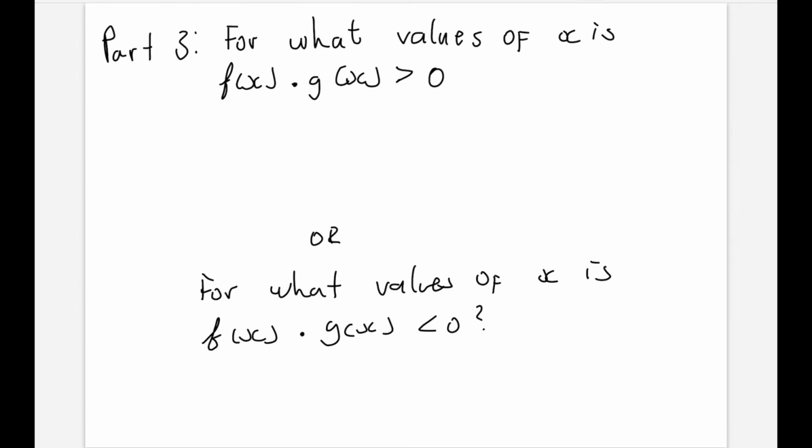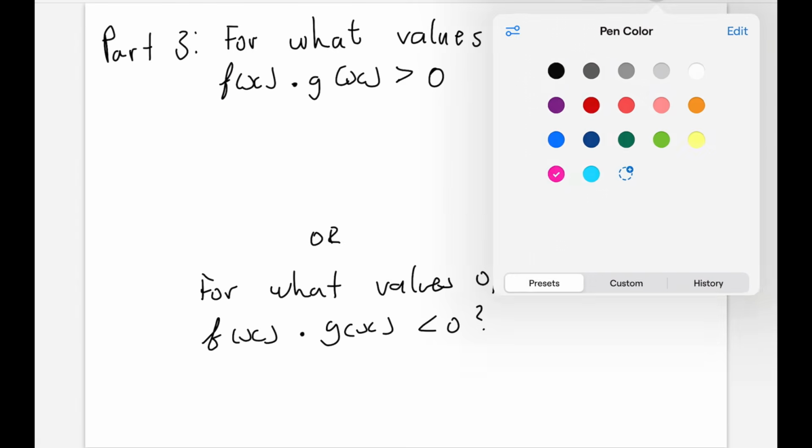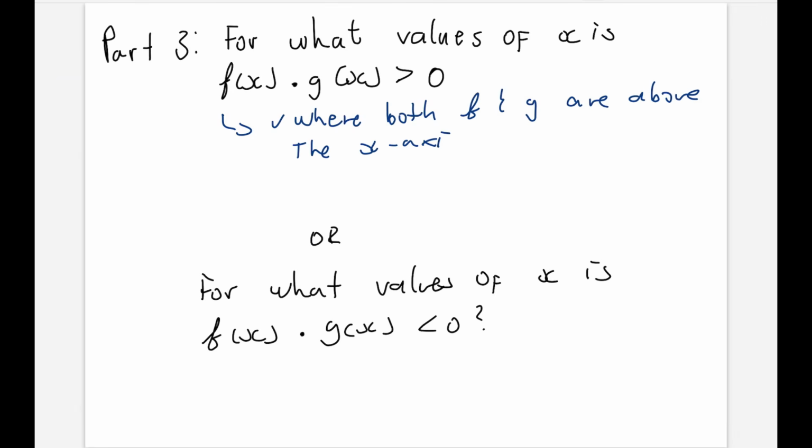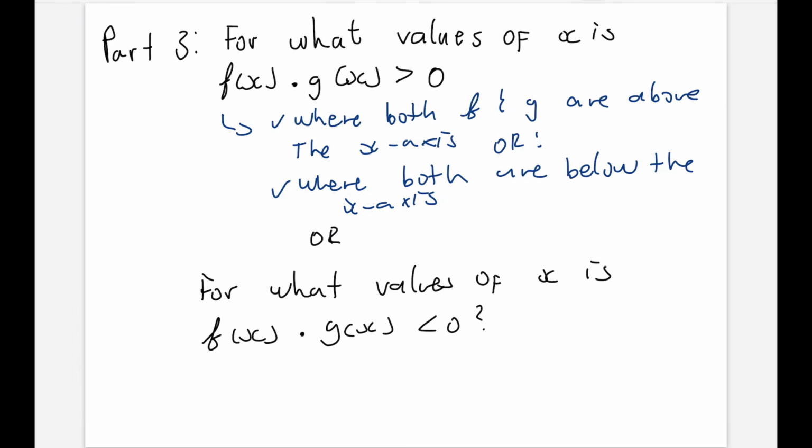So what this is telling us is we're just looking for where both f and g are above the x-axis, okay? Or where both are below the x-axis. That's all we're looking for here.